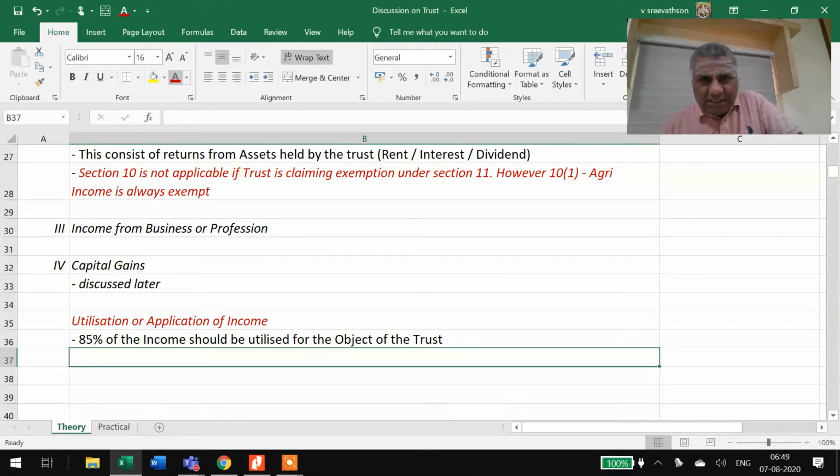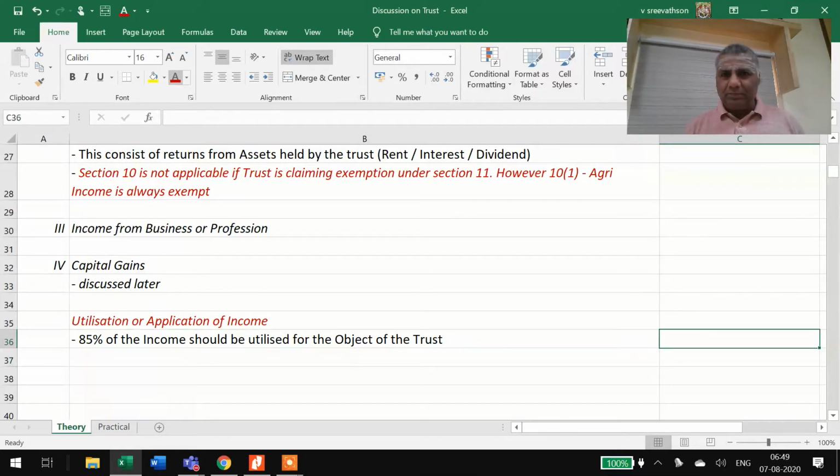If in the last year my income is 10 lakhs, 8 lakh 50,000 should be spent for the object of the trust. Otherwise, I will not consider it. So the 15% we indirectly call a standard deduction.